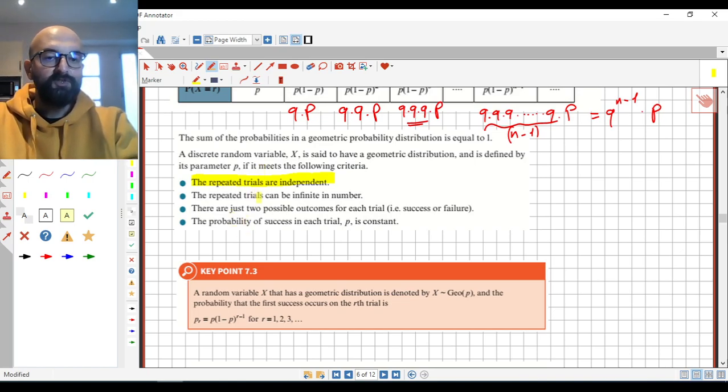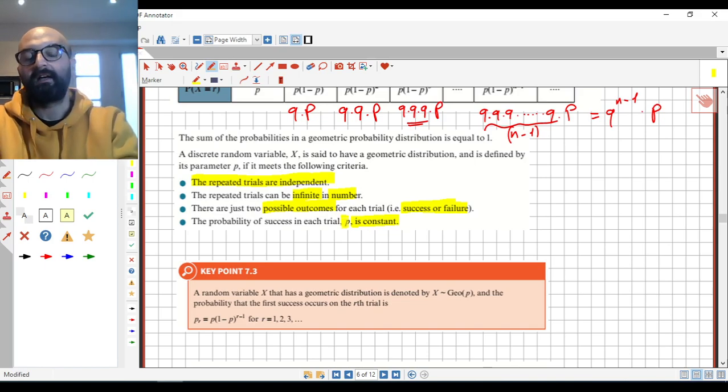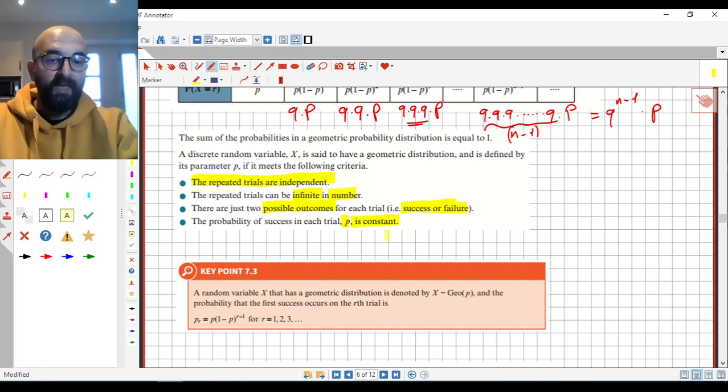The repeated trials can be infinite in number, and there are just two possible outcomes: failure or success. And the probability of success in each trial, P, is constant every time, like 1 over 2, or 0.5, 0.3, like that.